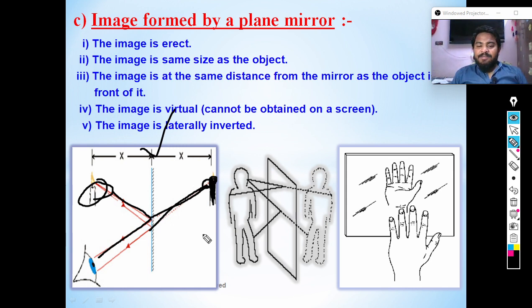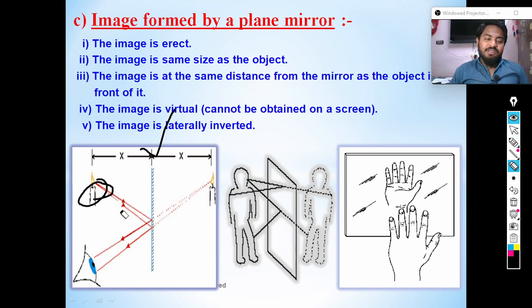Now let us see, there are two types of images mainly. The one is a real image and another one is a virtual image. The first one, a real image, in the sense when the reflected rays meet directly, then we can see the real image. That too we cannot see with our naked eye. We can see the real image with a screen.